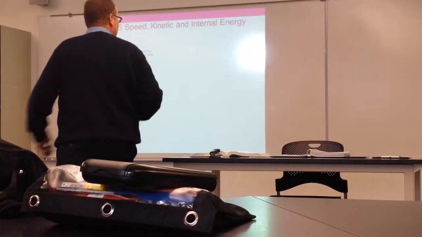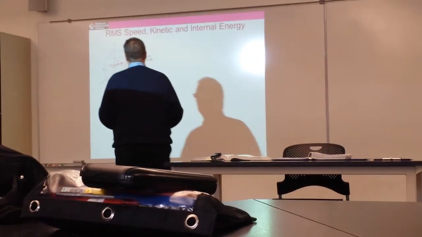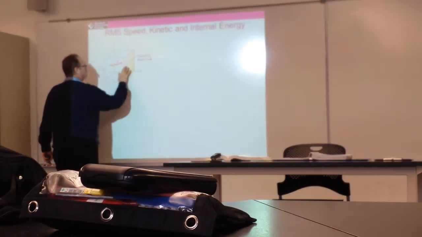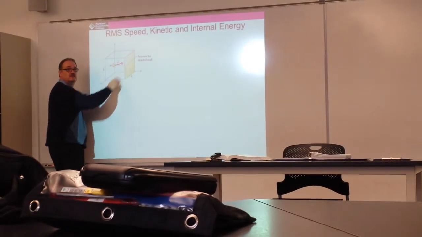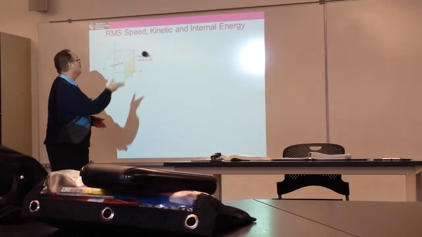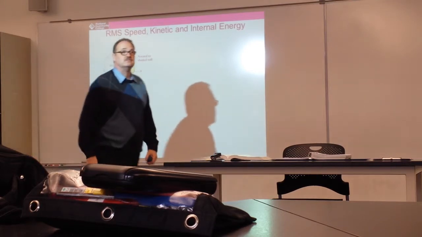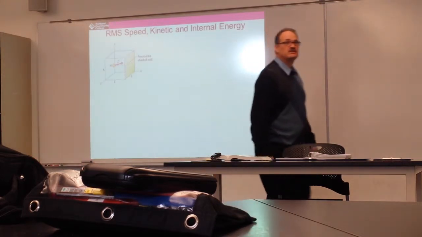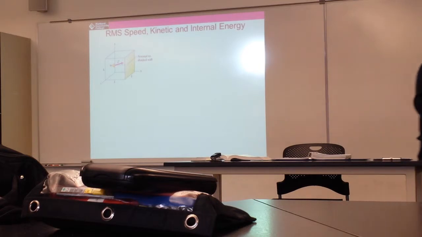Well, when it bounces off that wall, it has an original momentum in the x direction. And when it bounces off the wall, what happens to that momentum in the x direction? It changes, right? Because of the force, technically the impulse, that the wall exerts on the ball.